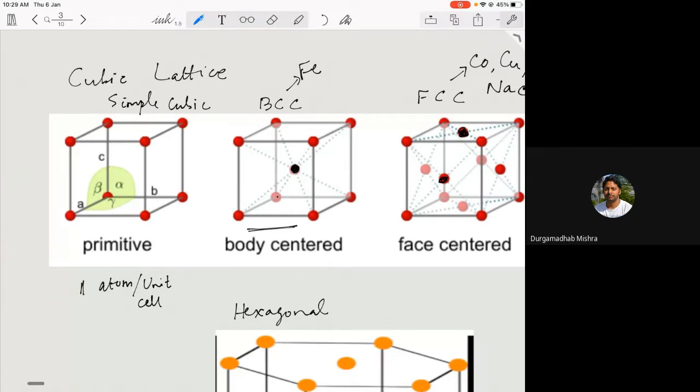Since there are 8 such atoms, you have 8 times 1/8, which equals 1 atom per unit cell. In case of BCC it will be 2 atoms per unit cell, and in case of FCC it will be 4 atoms per unit cell.